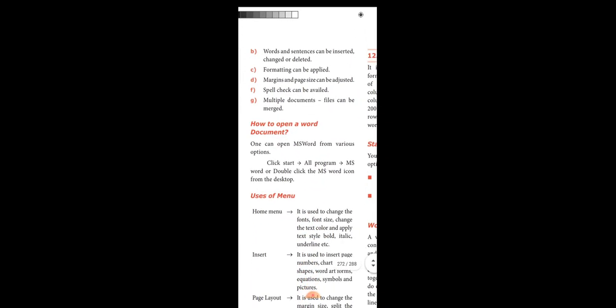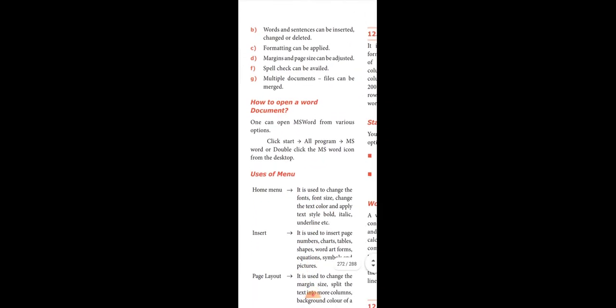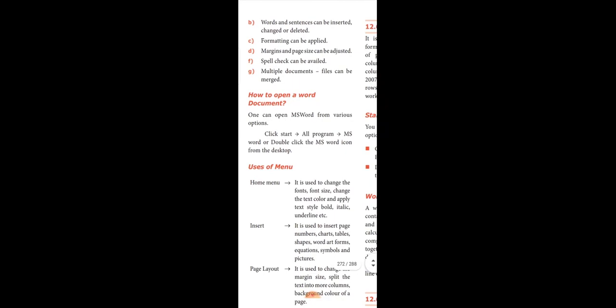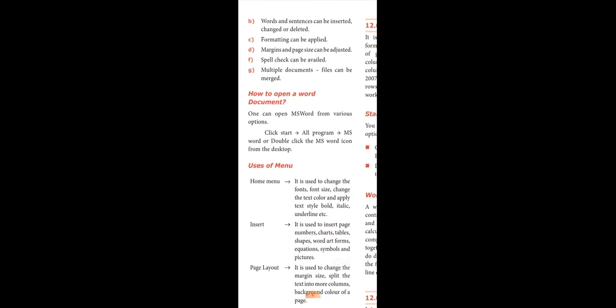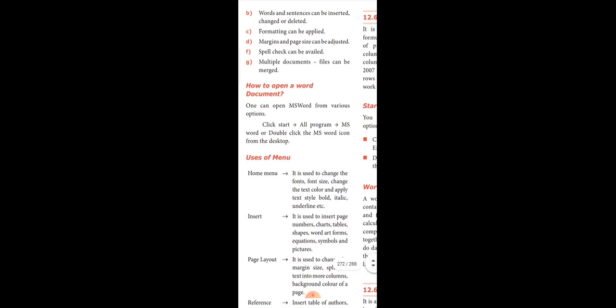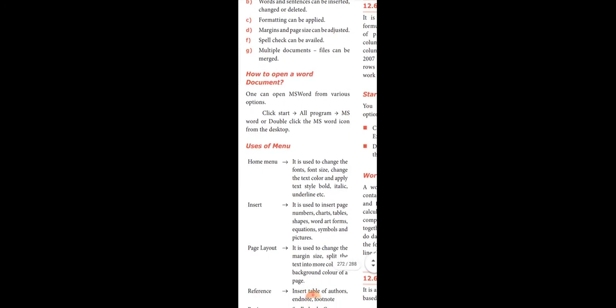We will be able to insert words, sentences, tables, and we can also change and delete them. And we can also format the document in the required way. Margins can be set, and the page size can be adjusted according to the need of the document.